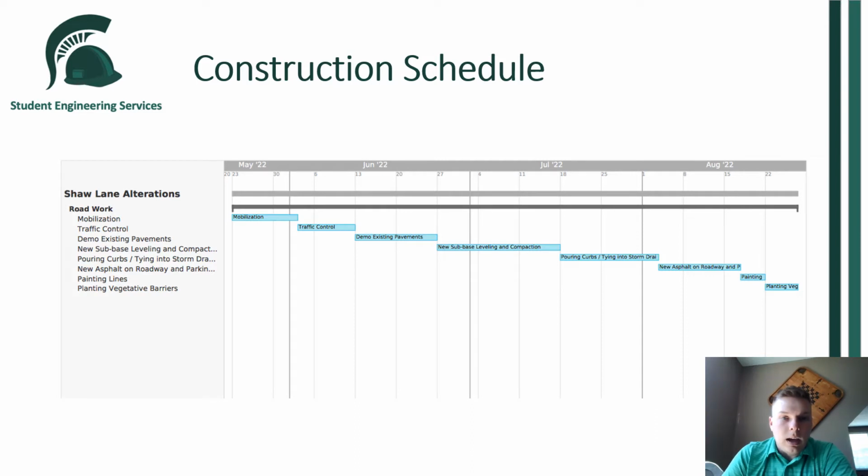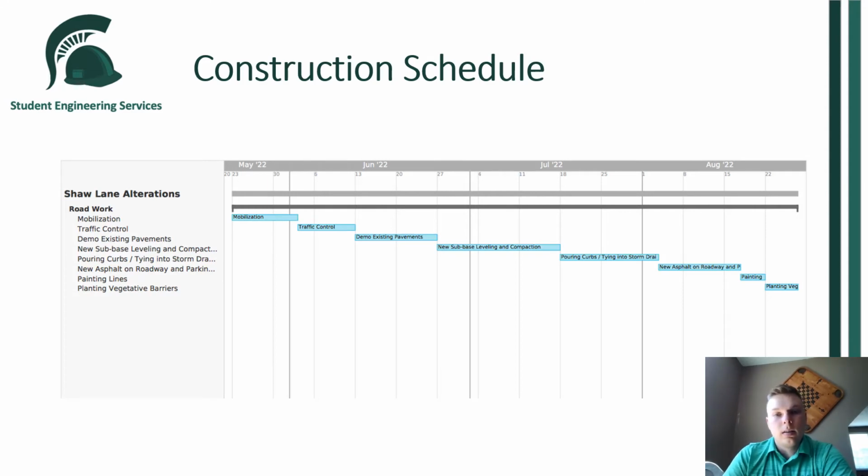So we have the start date being May 23rd, 2022, and then the end date being August 25th, 2022. As you can see, we start off with mobilization, work into traffic control, and then the actual road work begins on June 13th, where we demo the existing pavement.